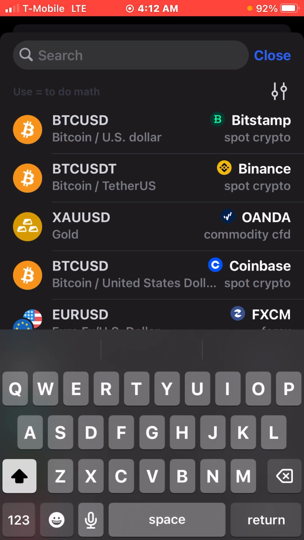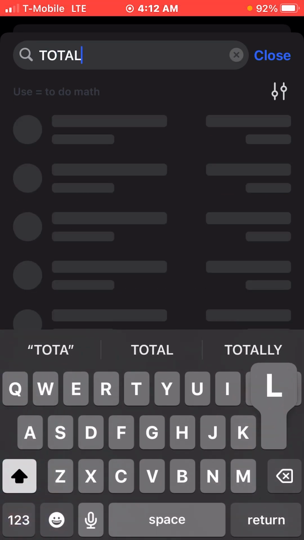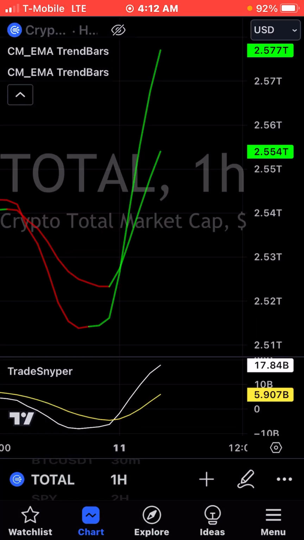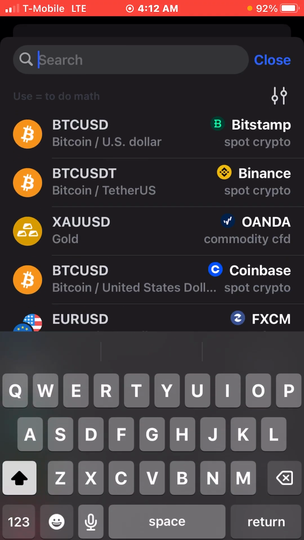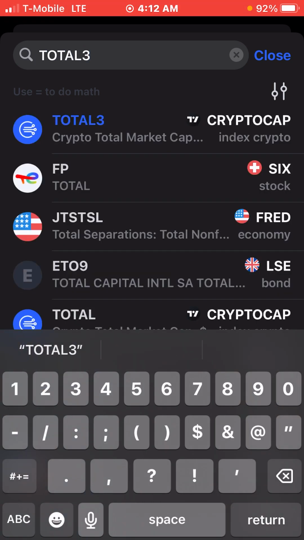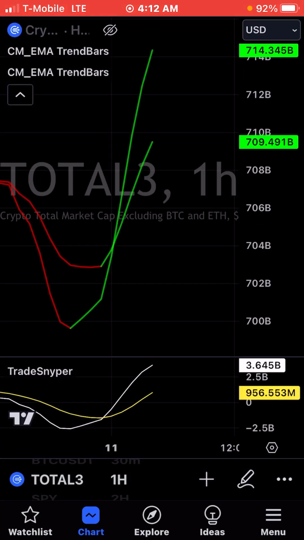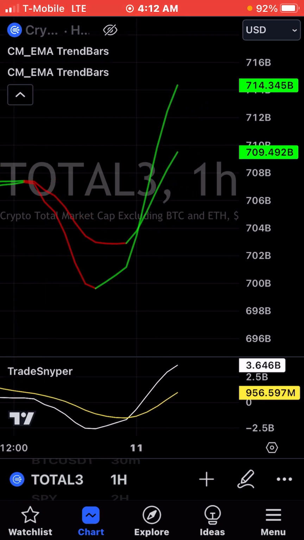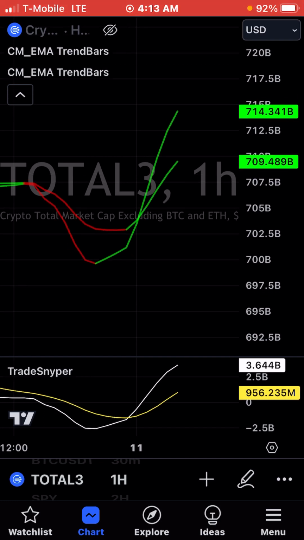But for the sake of this video, we're just going to keep Bitcoin centered, and we're going to focus on the total. Now let's real quickly, I think there's Total 3. Let's see what Total 3 is. Total 3 is basically what you really want to look at, because this is the total market cap excluding Bitcoin and Ethereum. So this is basically the altcoins.